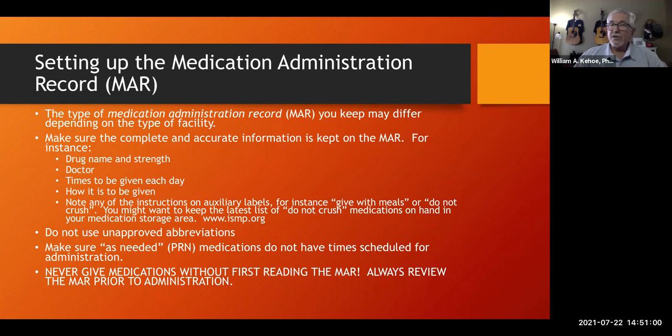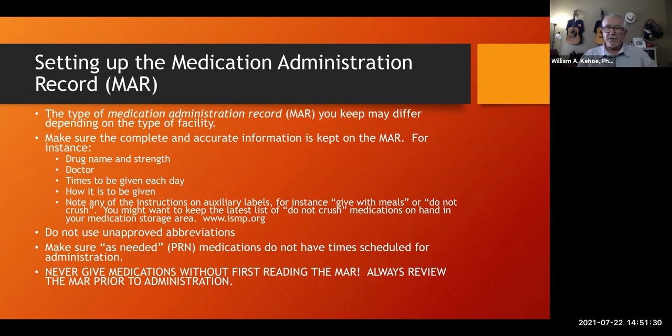Now, another thing that you don't do is you don't use unapproved abbreviations, okay? So don't invent things yourself. Document what you did, document what time you gave it, put your initials on there and all that sort of stuff. And then also on your MAR, I like to see scheduled medications, and then I like to see the PRNs in some other place so you don't get mixed up and give those PRNs on a scheduled basis.